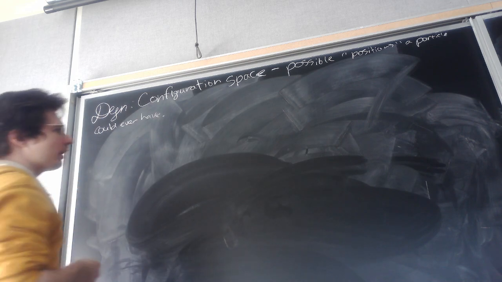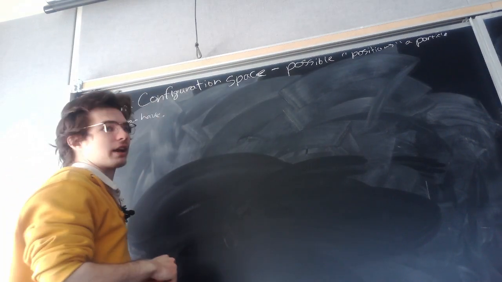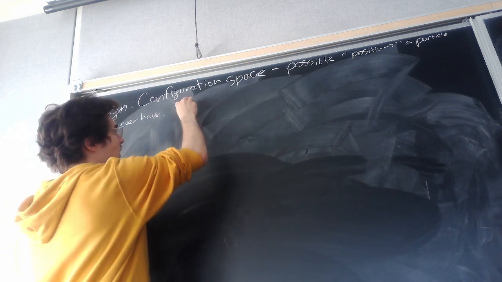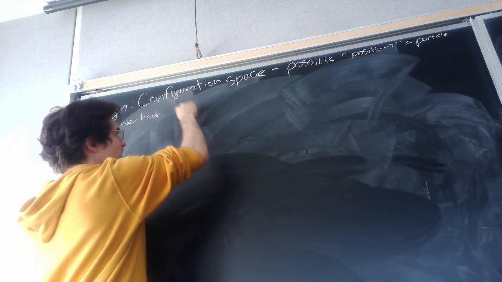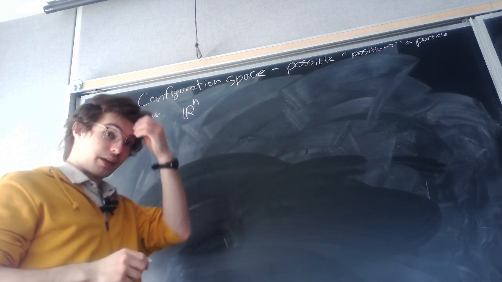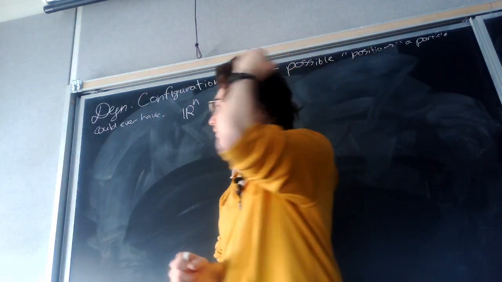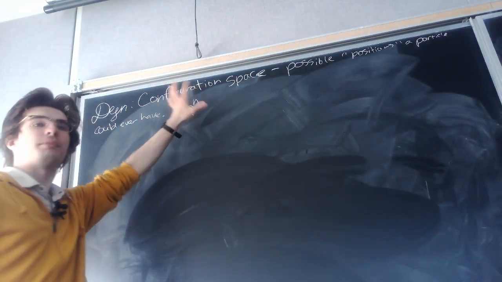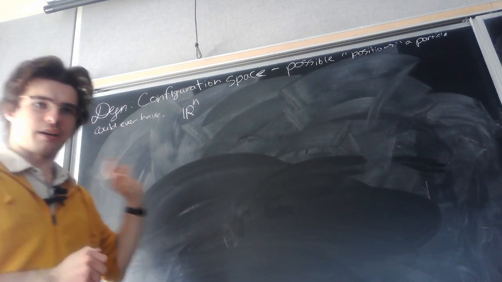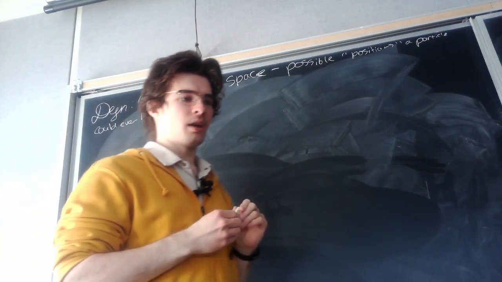And in our case, and for most of the next little while, this will always be Rn for some n. Strictly speaking, this is in terms of position, not time. I'm not talking about time here.